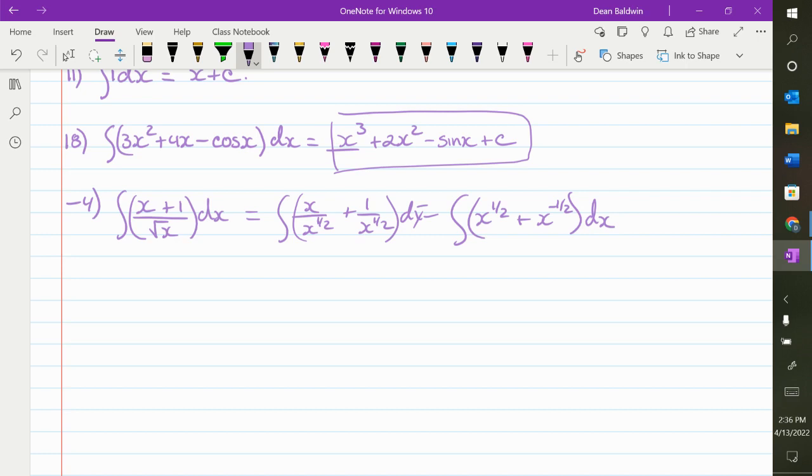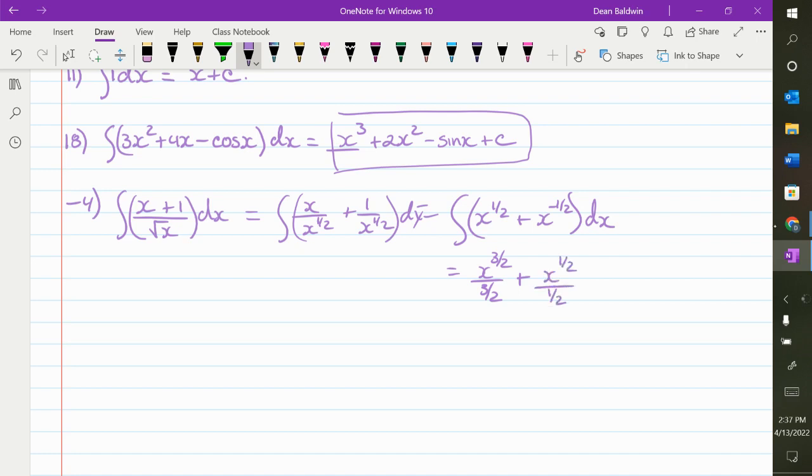All right, so what's the integral of x to the 1/2? Add 1. Or x to the power of 3 over 2. Yep. And then you divide by 3 over 2. Plus, what's negative 1/2 plus 1? That's 1/2.